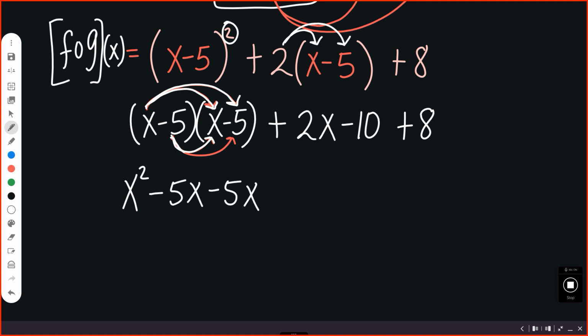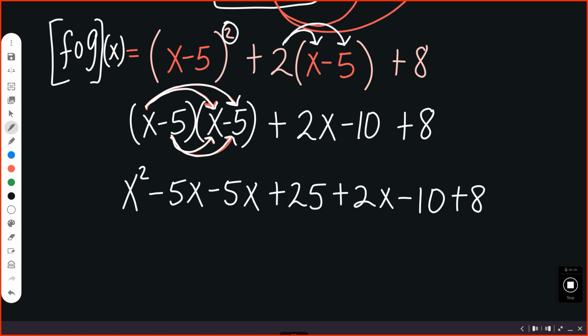And the last one, negative 5 times negative 5, would be a positive 25. Then let's just rewrite the rest of the problem here, 2x minus 10 plus 8. Great, we got it down to just subtraction and addition, so we can go from left to right.